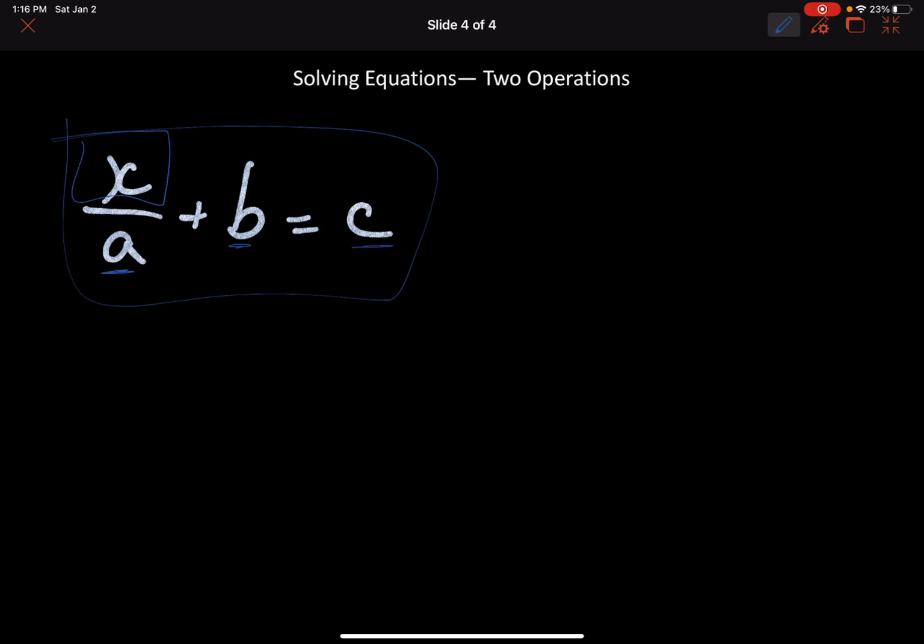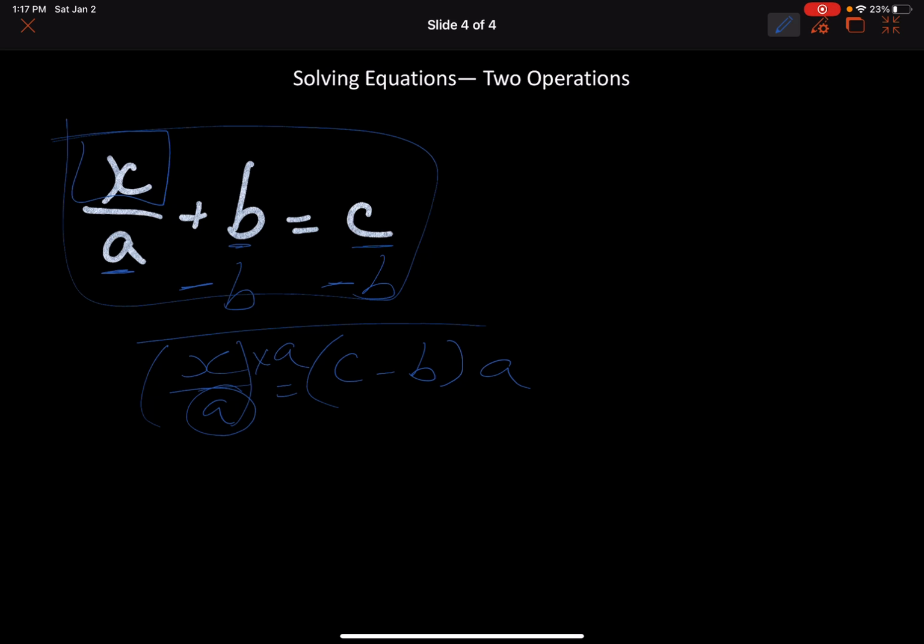I would go minus B, so now this is X over A is equal to C minus B. Now I have the A there, and in order to get rid of the A, I have to multiply by A because this is dividing by A. So I'm going to multiply the whole other side by A, so these would cancel. My answer would be X equals A times C minus B.